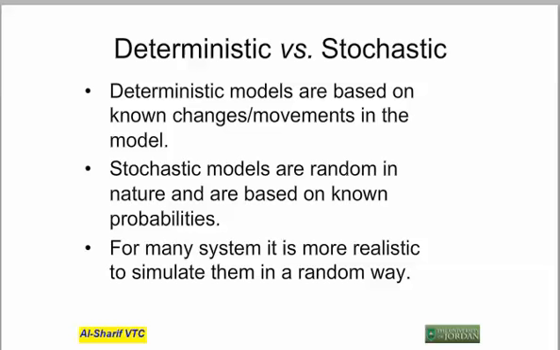So as I said, it's more realistic to simulate them in a random way. While deterministic models are well known in advance, we know exactly what's going to happen. But most things in life are not deterministic. They're probably nearer to a stochastic model.